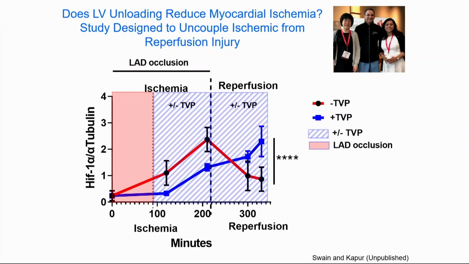There's no more hypoxia. And so as a result, HIF is getting degraded and the red line starts to come down during that reperfusion phase. But what's really interesting in the blue line is that in the unloaded state, there's this persistent elevation of HIF, and in fact, it starts to go to supraphysiologic levels. And why are we seeing that unloading, even in the setting of reperfusion, is driving up HIF biology?